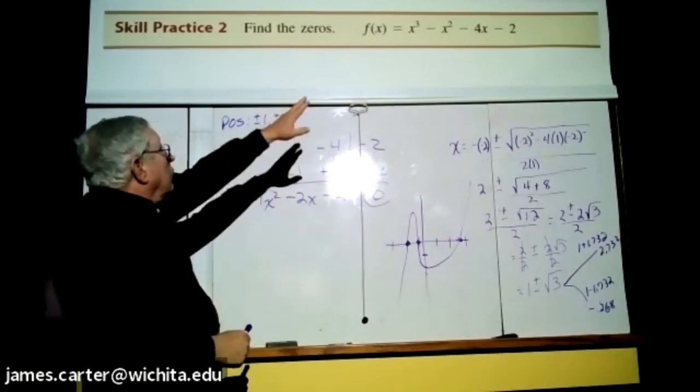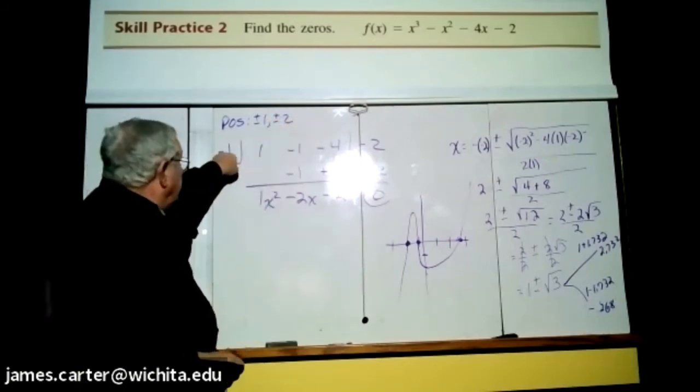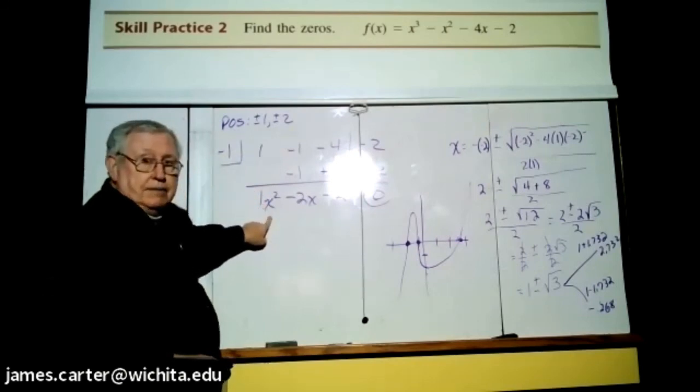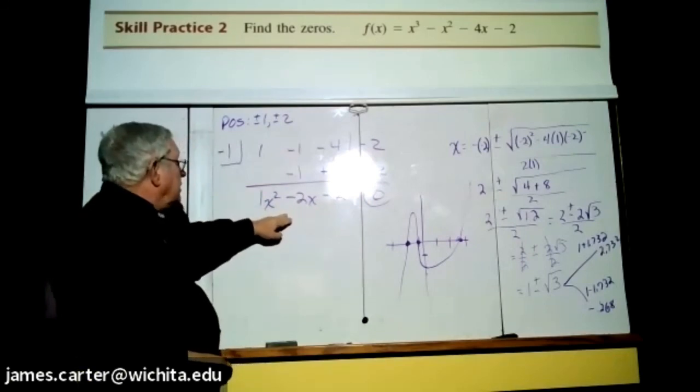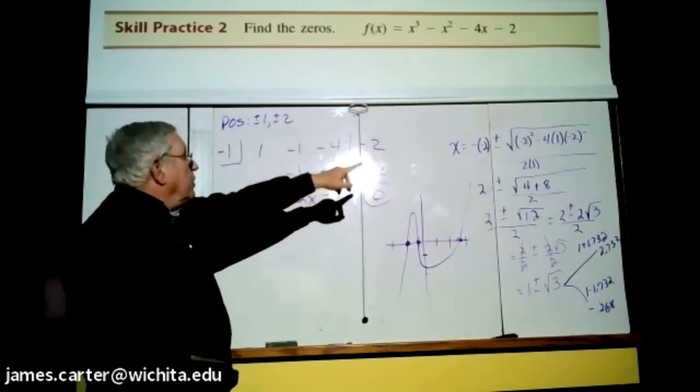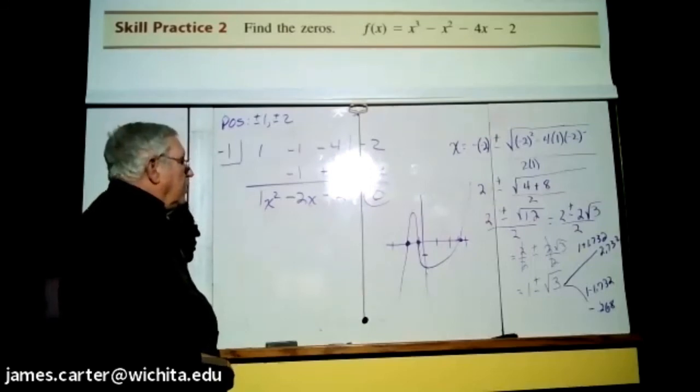So that's what that graph would look like, tying it in with what we did before. Now, what did we do? With a great deal of hassle, we took this thing down 1 degree. Okay? After we got it down to 1 degree, this thing wouldn't factor. So we had to use the quadratic formula to get the other 2 zeros.